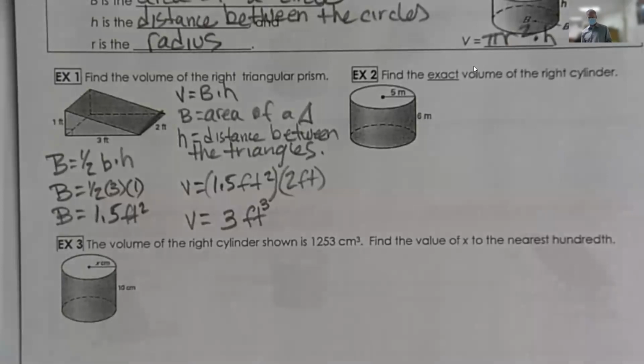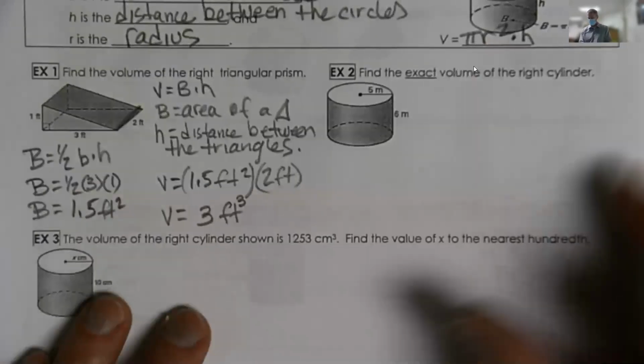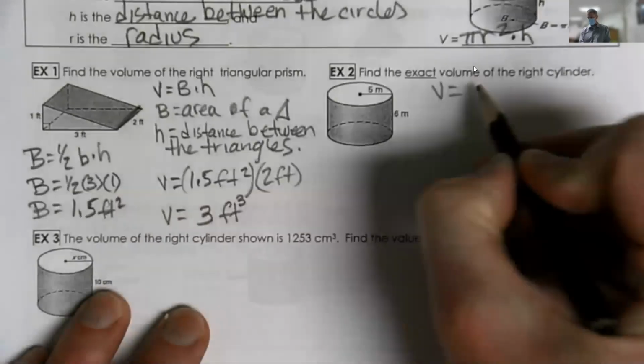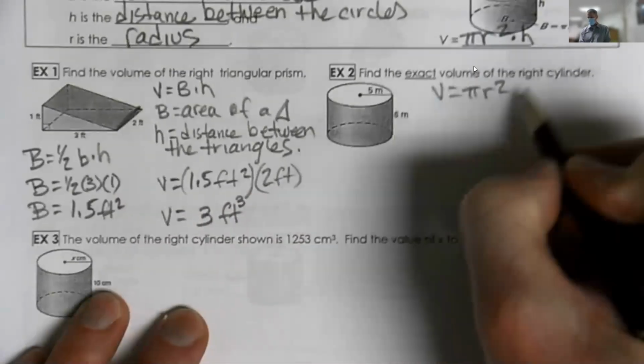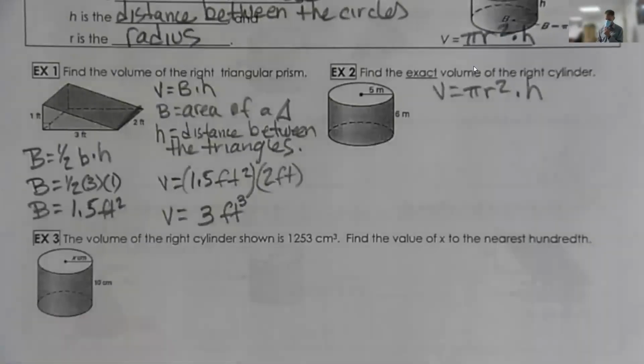Okay, next we're going to look at a cylinder. And we know that the volume of a cylinder is pi r squared times the distance between the 2 circles. In this case, they're asking for the exact volume. So when they say exact volume, they're talking about using pi in your value.